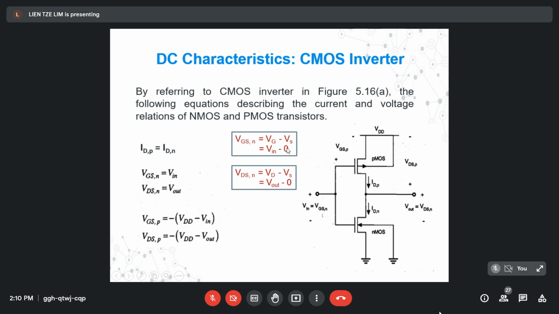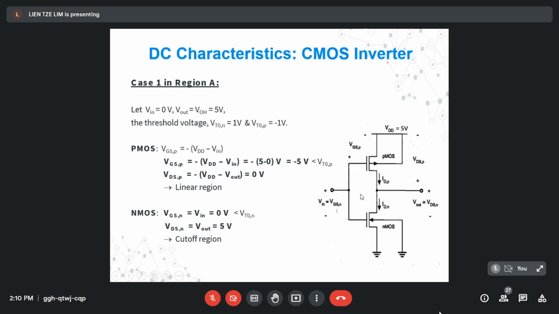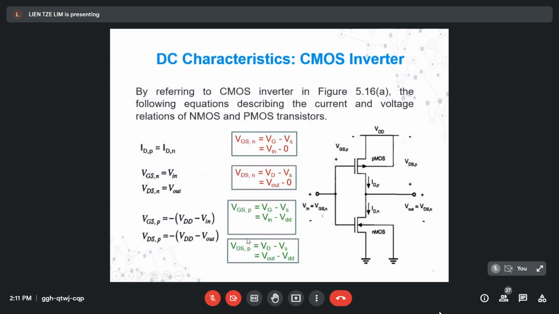So that is why it is equivalent to the input. Whereas for VDSN, VD is the output voltage at this point, the drain terminal, and VS is again 0, so it is V out.